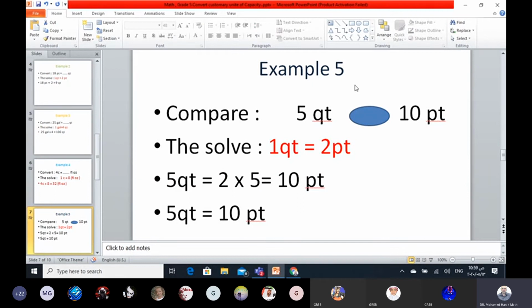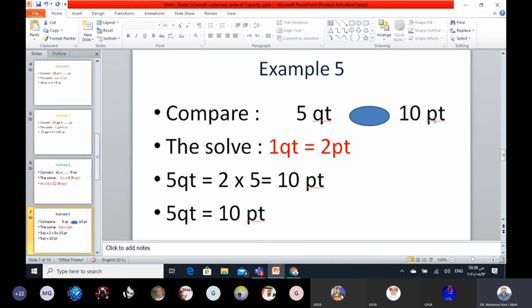Example 5. Here we want to compare which is greater or less: 5 quarts and 10 pints. I cannot compare directly because we have different units. So what I do is try to change to the same units. The easy way is to convert from the big unit to the small unit. Here I can convert from quarts to pints.